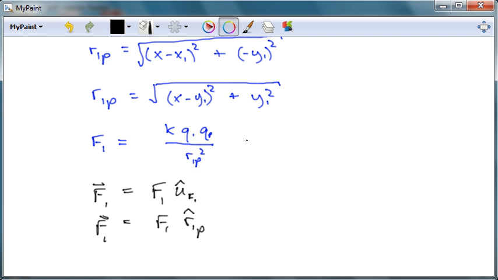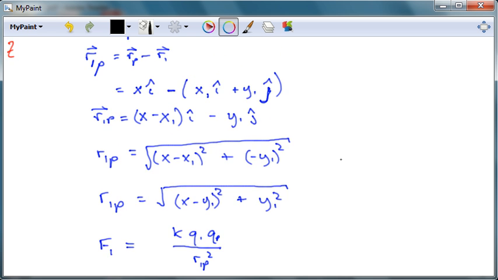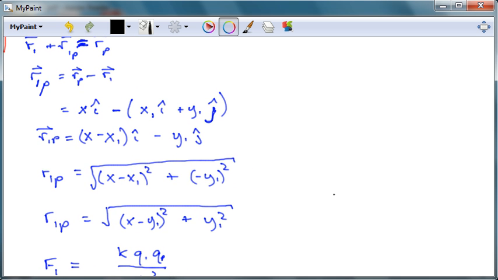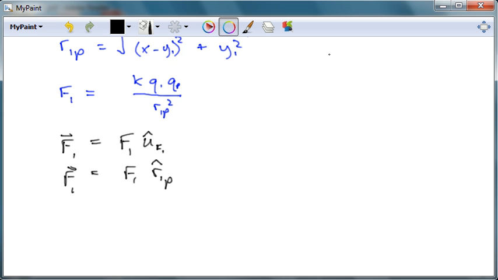Alright, so that's this times a unit vector in the same direction as R1P. So I need R1P hat. R1P hat is R1P vector divided by R1P magnitude. So F1 is equal to F1 times R1P.